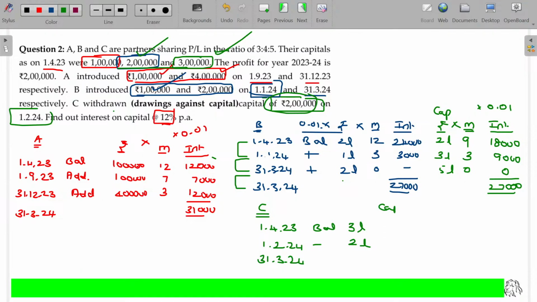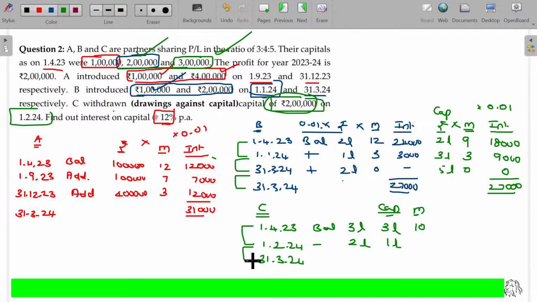The capital balance in his book is 3 lakhs at the start of the year. On 1st February he withdrew 2 lakhs, thereafter the balance decreases to 1 lakh. Now 3 lakhs remains as capital in his books for how many months? 1/4 to 1/2, 10 months he has capital of rupees 3 lakhs.